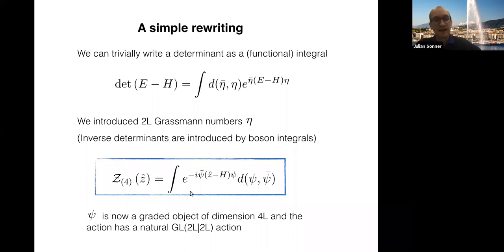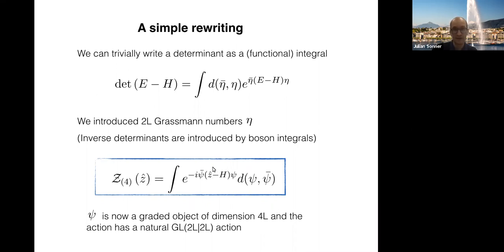And so I end up with an integral over a graded vector, which has both Grassmann and bosonic components. And I have this kernel here where now Z hat is just a matrix that contains Z1, Z2, Z3, Z4, and H is essentially 4 copies of our Hamiltonian. And each of them is in their own sector, right?